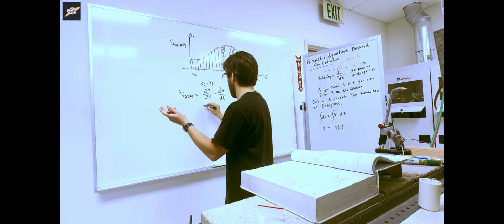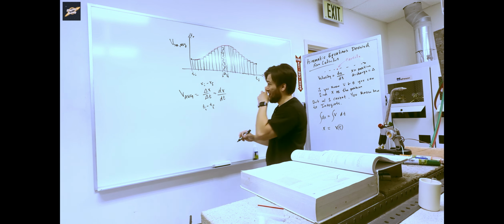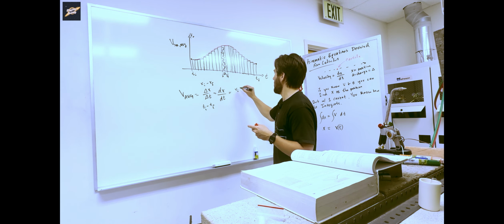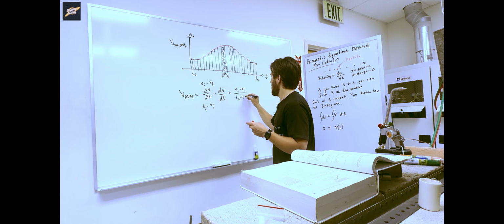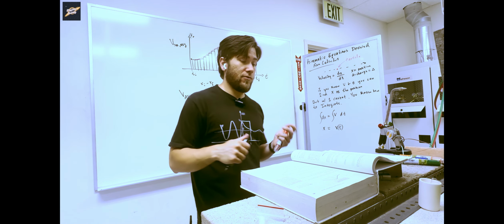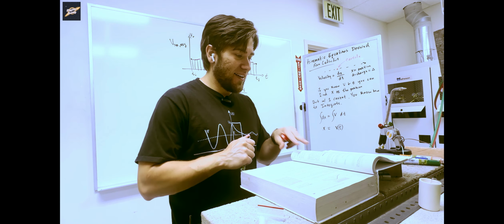Delta t can also be t final minus t initial. You can write it like this if you wanted to. This is really just the calculus shorthand, but there's no really wrong way to do this. As long as you come up with the correct answer, you're good to go.